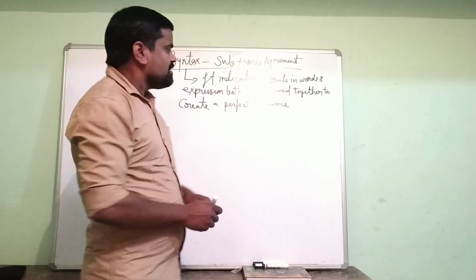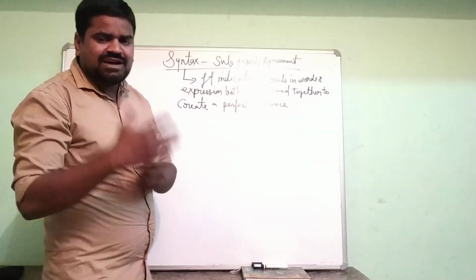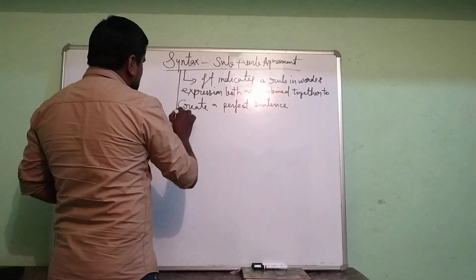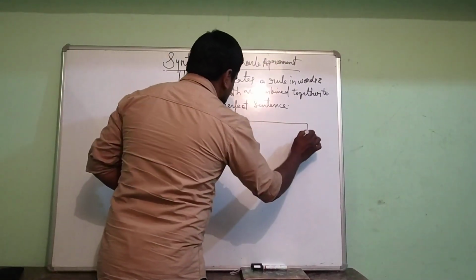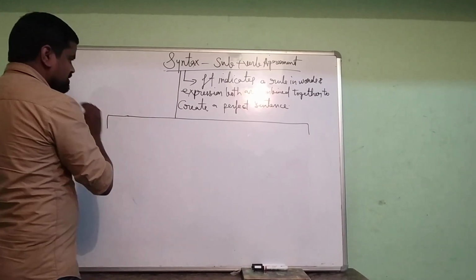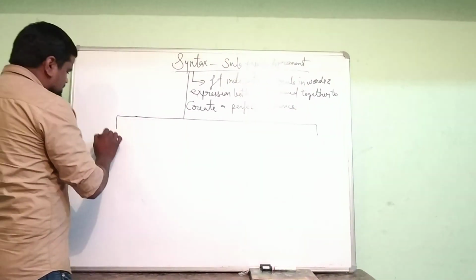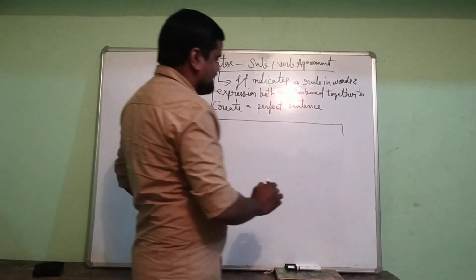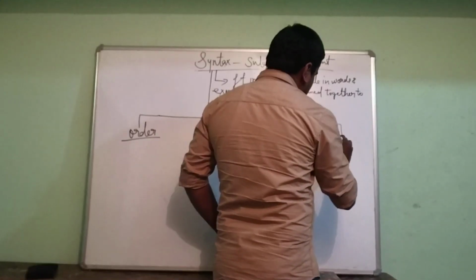If we classify syntax, then we will get that it is of two types. The first type is order, and the second one is agreement.